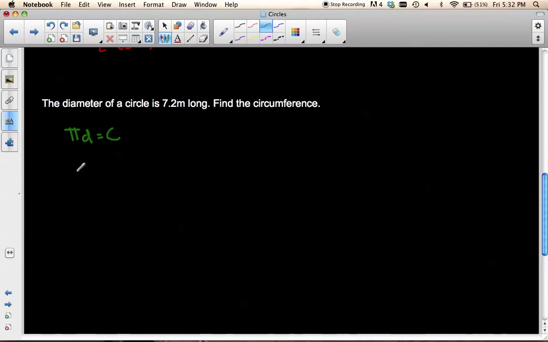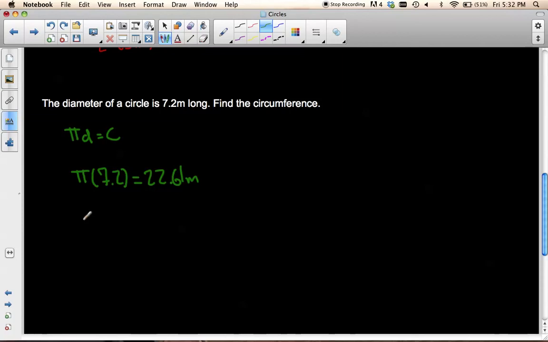So we go pi times 7.2, so we're just doing a substitution, and that's going to give us 22.61 meters. Always remember to put in your units.